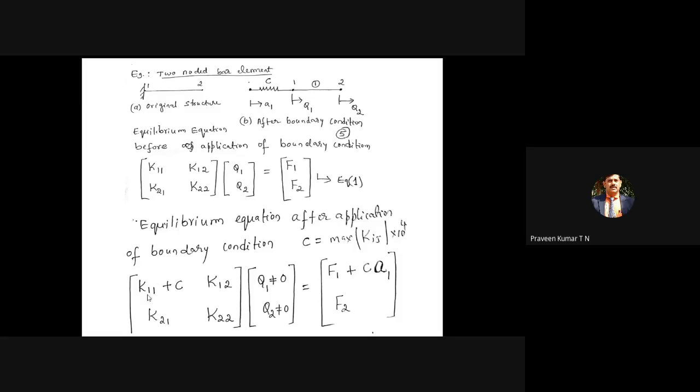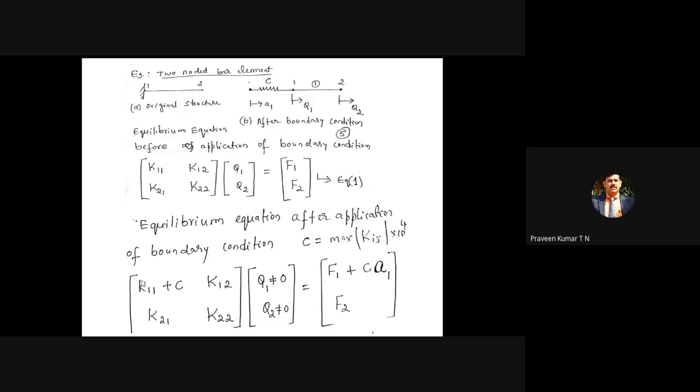We added an additional spring of stiffness C at the first node, so you have to add the C value to K11. In some cases, if node 2 is fixed, then you write K22 plus C. But in our case it is K11 plus C, because the additional spring of stiffness C is added at node 1.